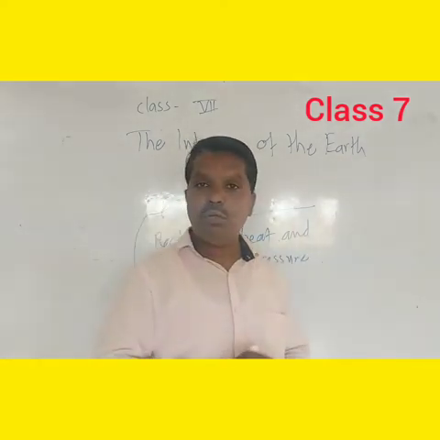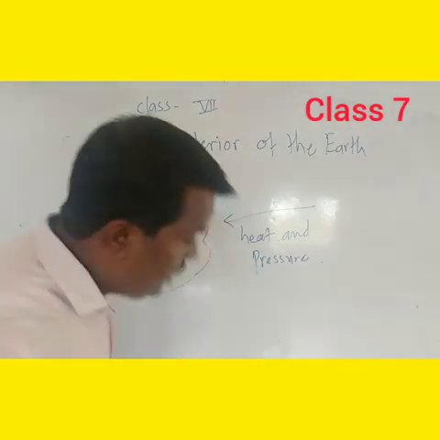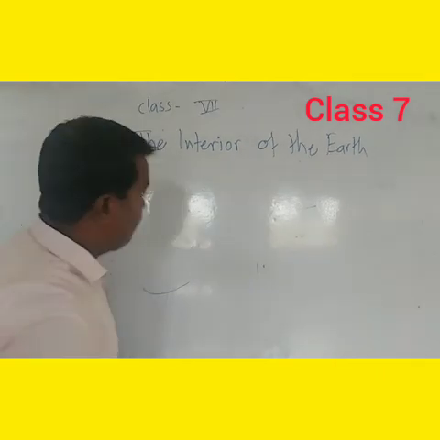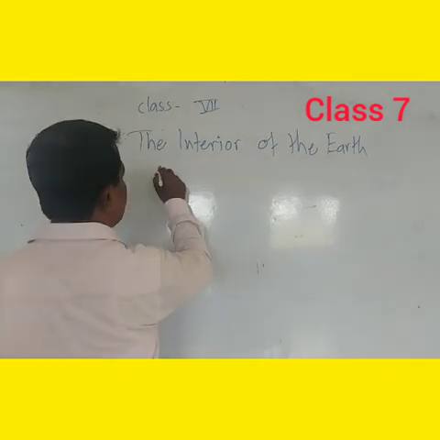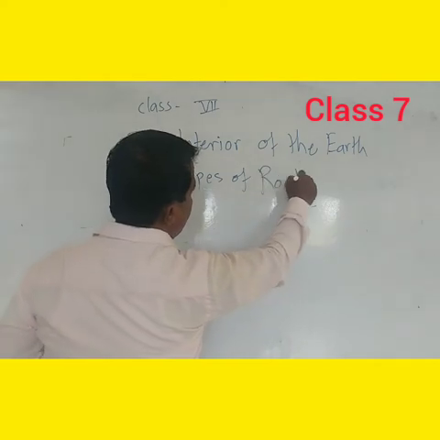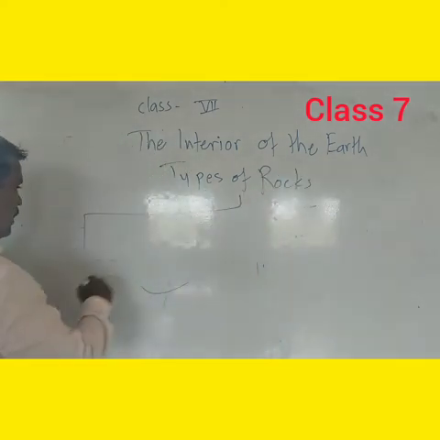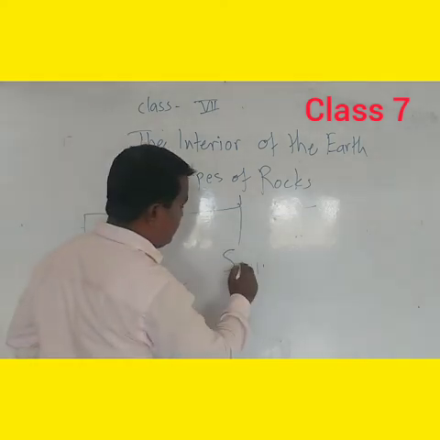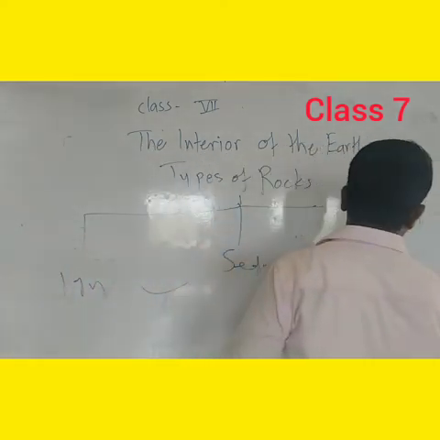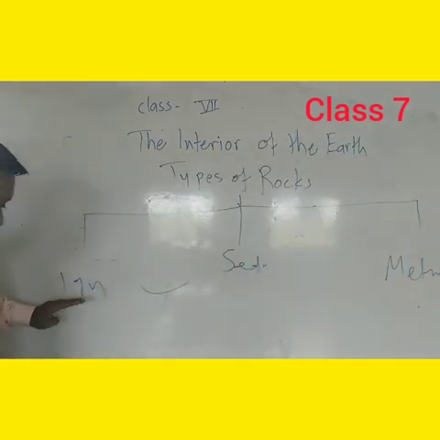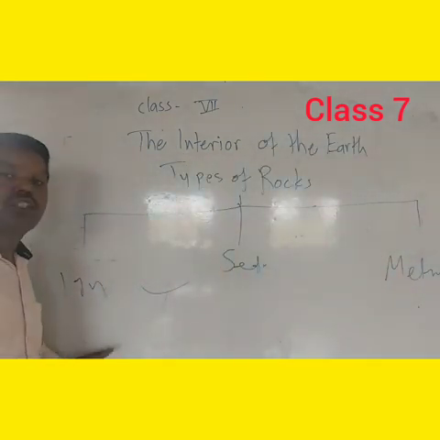So what you have to do? You have to make a diagram like this. Types of rocks. Then you have to write here igneous rocks, then sedimentary, then metamorphic. For igneous rocks, you have to mention how they form.